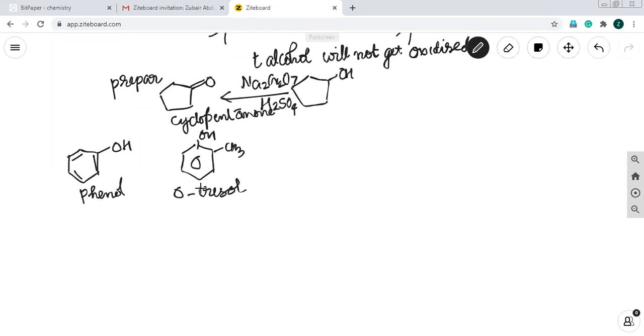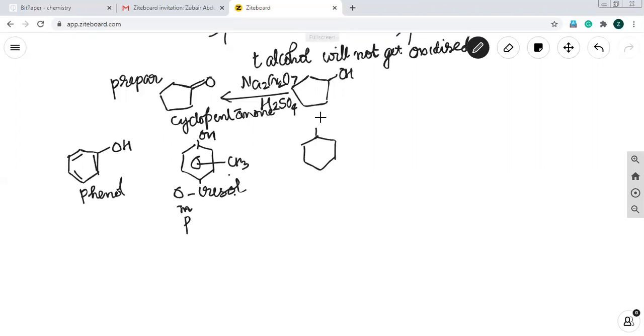If the CH3 is here on the para, so you have ortho, meta, and paracresol. If the CH3 is here, you call it as ortho. If the CH3 is here, you call it as meta. If the CH3 is here, you call it as para. Clear?